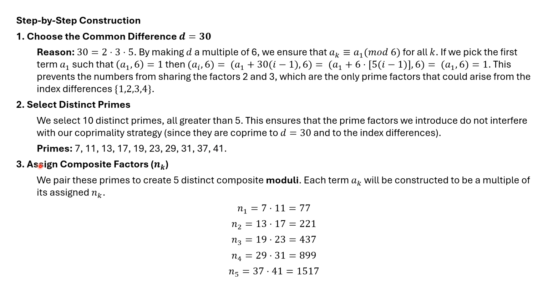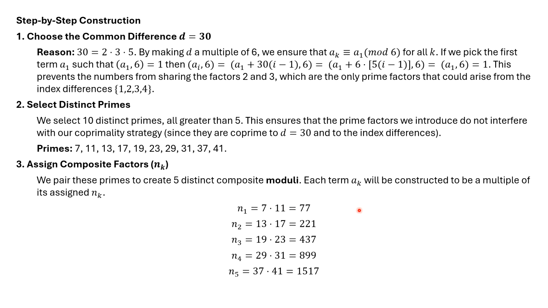And then we proceed to assigning composite factors. Now these are the n sub j's in the Chinese remainder theorem. So we're going to pair these primes to create 5 distinct composite moduli. Each term a sub k will be constructed to be a multiple of its assigned n sub k.